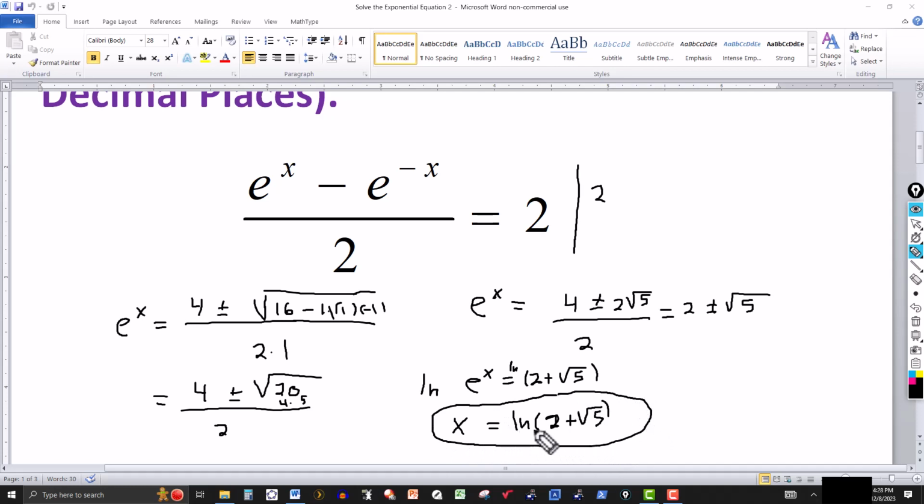X is equal to the natural log of 2 plus the square root of 5. For the approximate answer, you take a calculator and compute the natural log of 2 plus the square root of 5. The approximate answer to 3 decimal places is 1.444. So exact and approximate value to 3 decimal places. Thanks for watching. We'll see you next time.